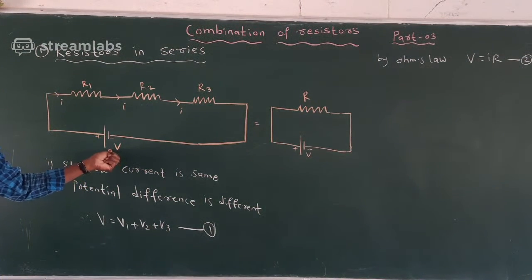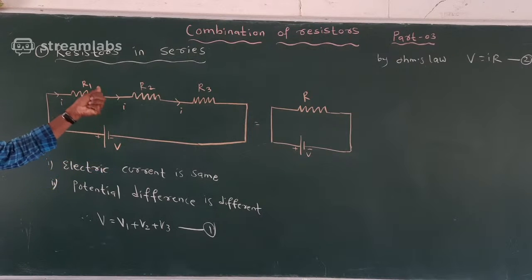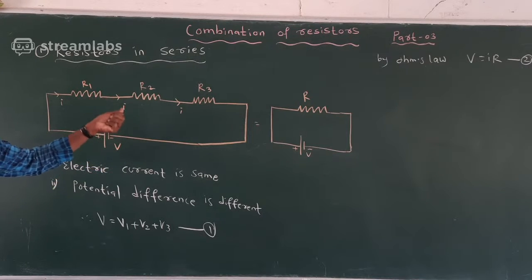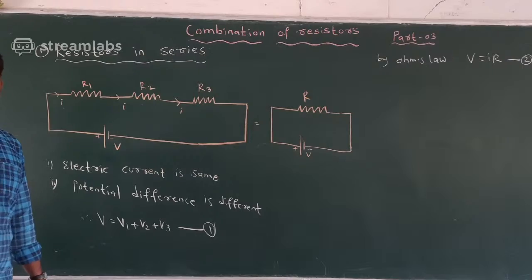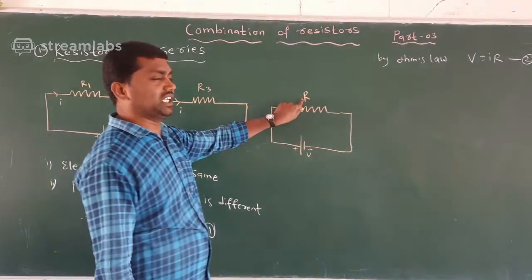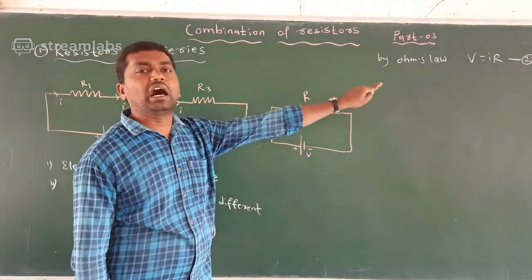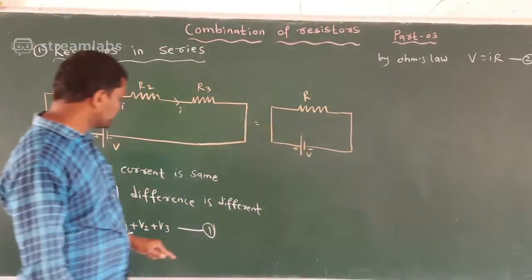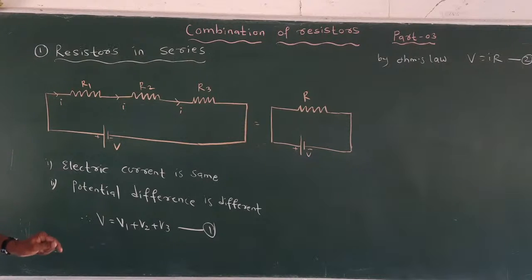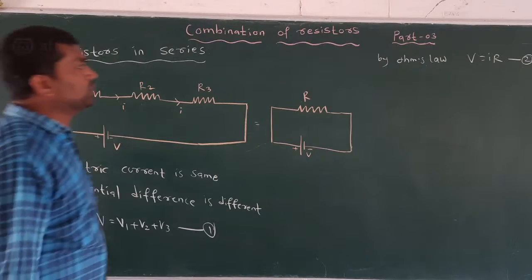At R1, R2, R3 we can substitute the total resistance, which is the equivalent resistance. So the total potential difference V is equal to IR. This is equation number 2. The first one is V is equal to V1 plus V2 plus V3, the total potential difference in the circuit. By using Ohm's law, we can write V is equal to IR.